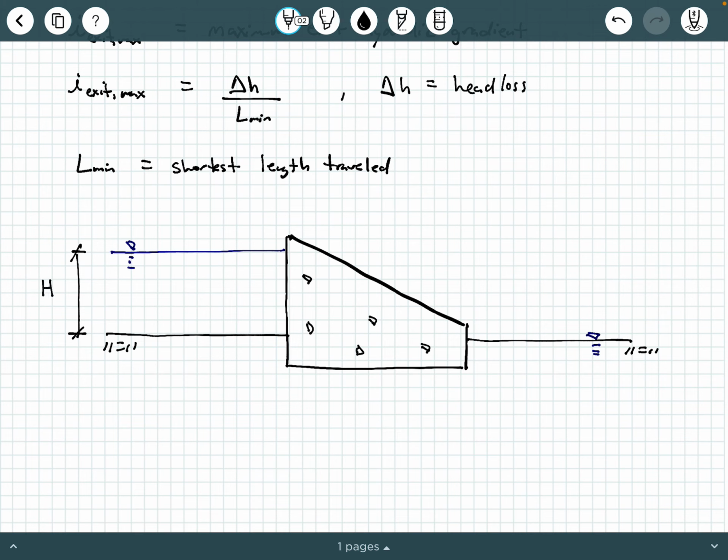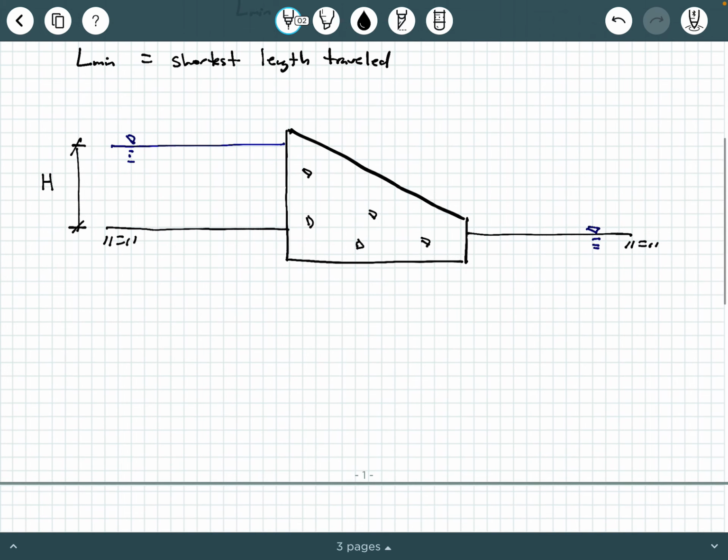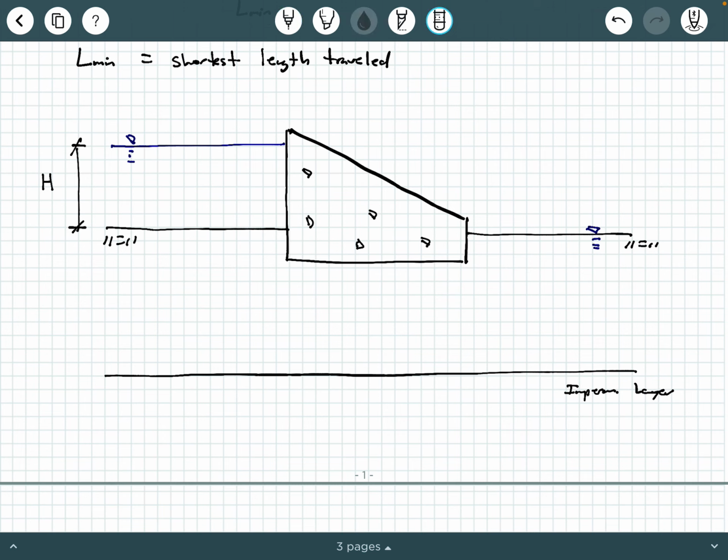So the first question is, in this situation, what would be the head loss or the change in head? Well, the way we get that is we would need to develop a flow net. So let's go ahead and finish drawing this figure here. Let's say that this is the impermeable layer. The first thing you would need is information about the flow net, so I'm going to go ahead and sketch a flow net.